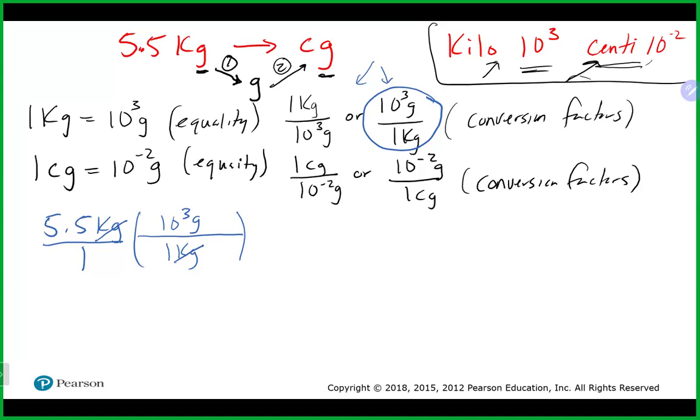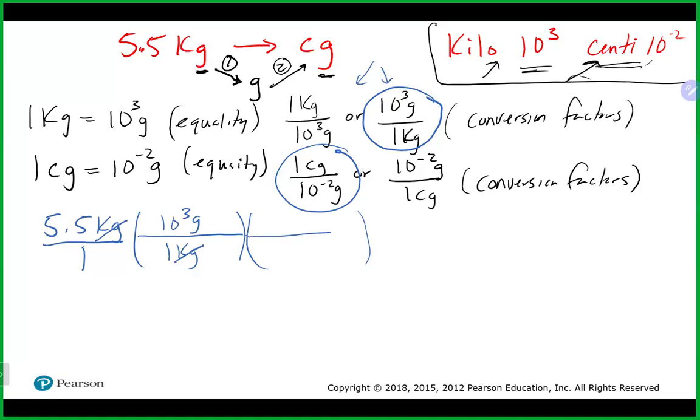On top, which means if I want to get rid of them, I need to put them on the bottom. So which conversion factor should I use on the bottom there? Left or right? I should use the one on the left. Yeah, that has the grams in the opposite location. And I could just continue on. You could get an answer if you wanted to at that point, or you could just continue on with the calculation since you need to do it anyways.